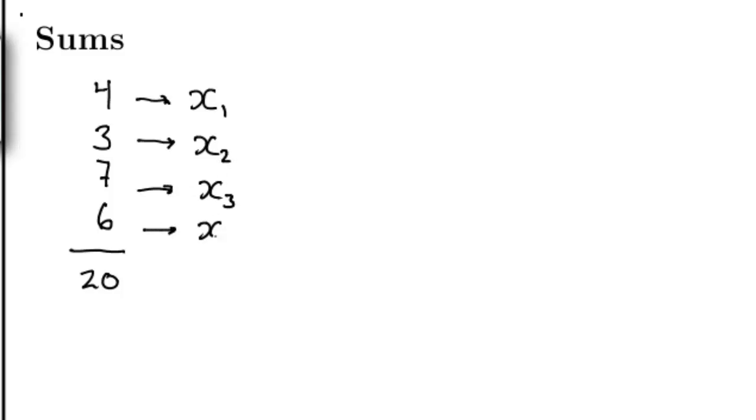The summation sign is a very useful symbol when we work with sums of numbers. Let's say I want to sum these numbers. The sum, of course, is 20. Let's denote the first of these numbers by x subscript 1 and the second of these numbers by x2, x3, x4.